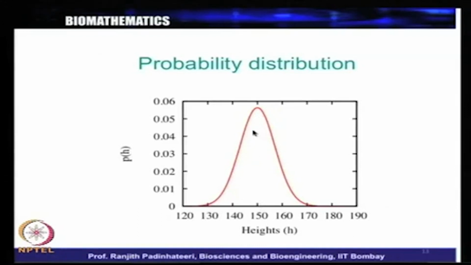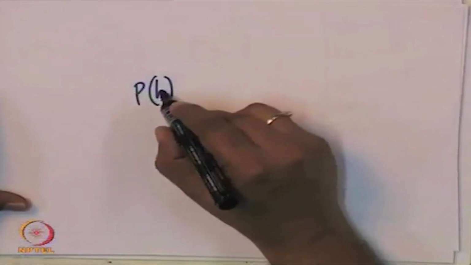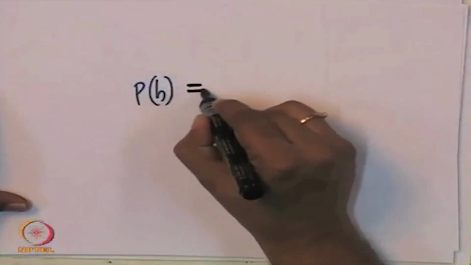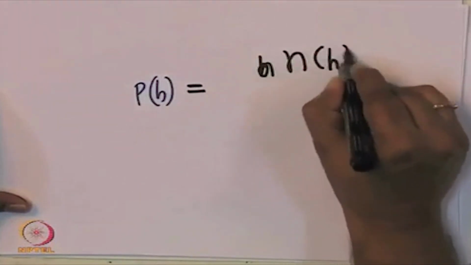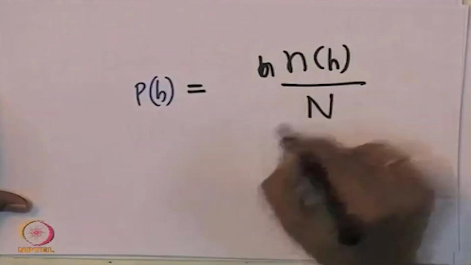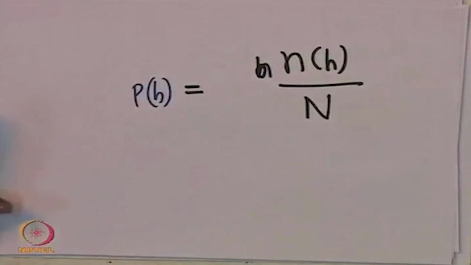So, the probability of finding students having 150 is around 0.05 in this example. This is an exercise that you can do. You can calculate the probability distribution the way we defined. The probability of having students height h is the number of students having height h divided by the total number of students. This will give you the probability.